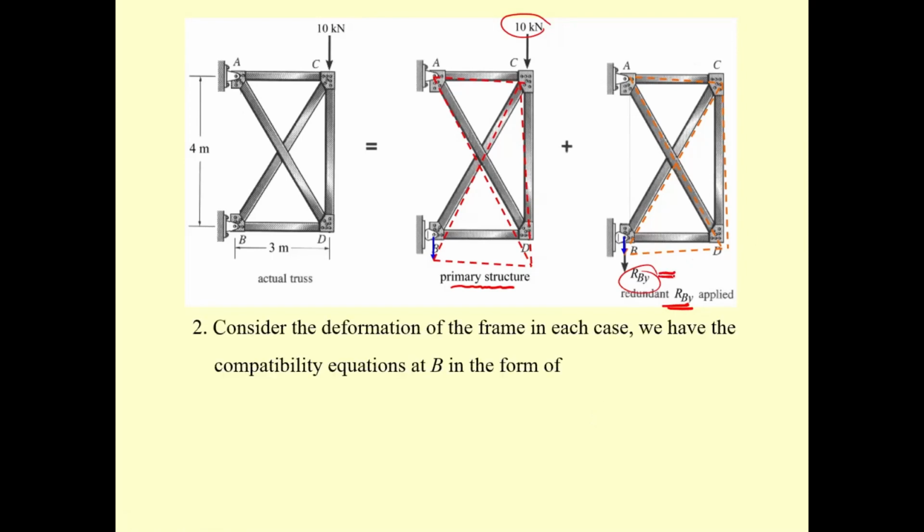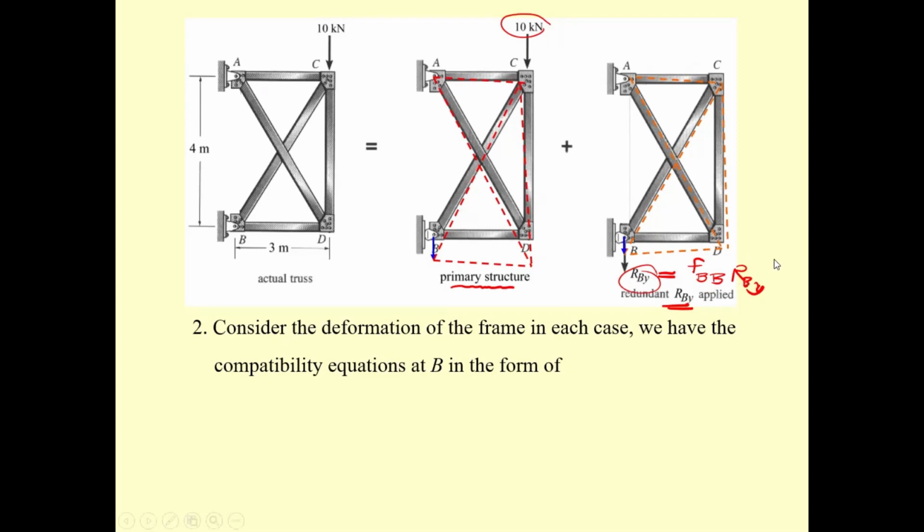If you set R sub BY to be 1.0, the deflection over here is the deflection at point B due to the 1.0 unit load at point B, which is F sub BB times the redundant force.